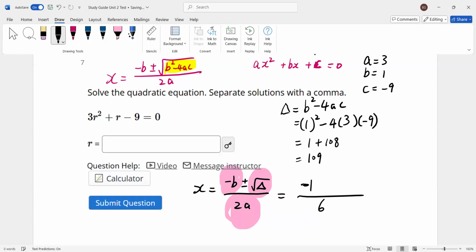So -1 plus or minus the big square root.